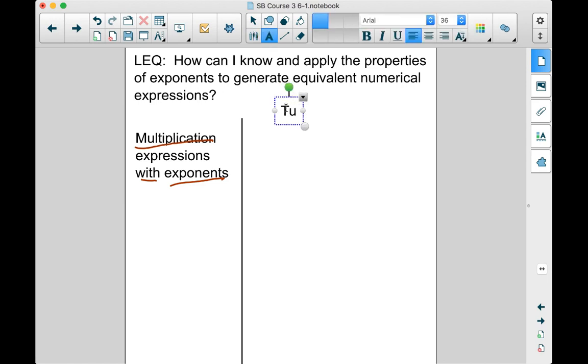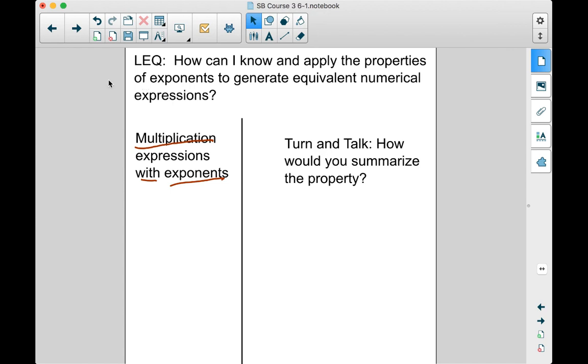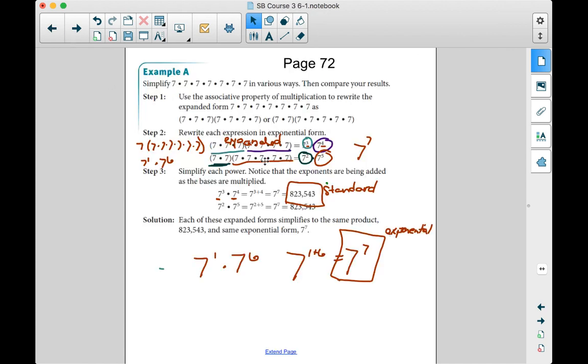How would you summarize this property? Just turn and talk with your partner based on what we did here. If we are multiplying two numbers with the same base, what would we do with the exponents? Turn and talk to your partner and try to summarize that, and then we'll check our answers and we'll get our notes in there together.